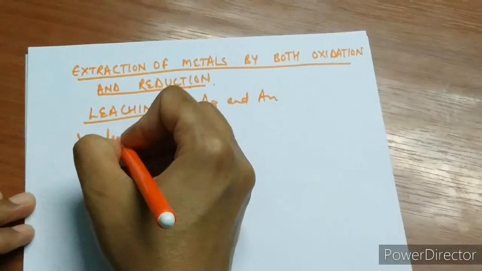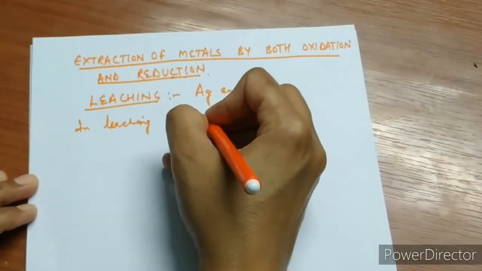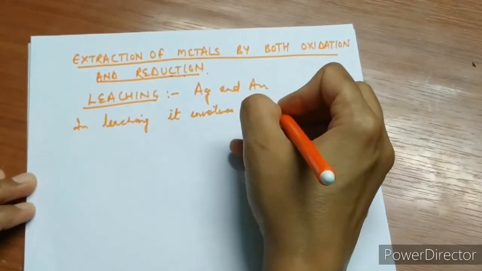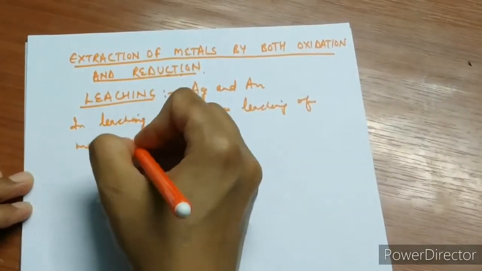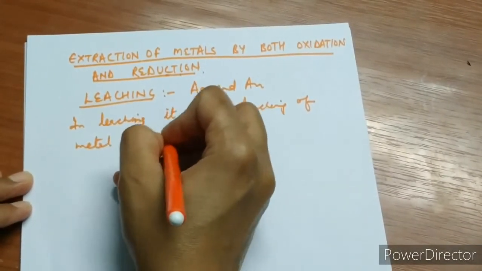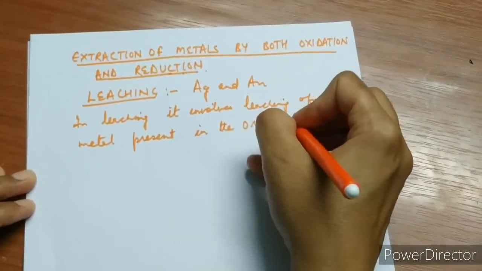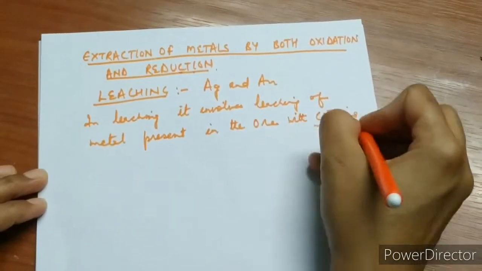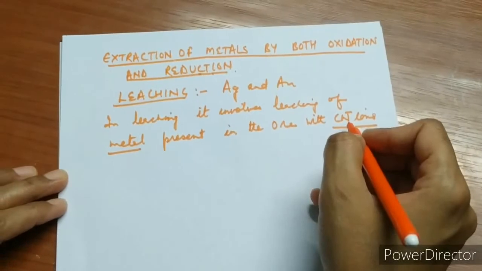In leaching, it involves leaching of metal present in the ore with cyanide ions. So leaching of ore of the metal is done with cyanide ions.